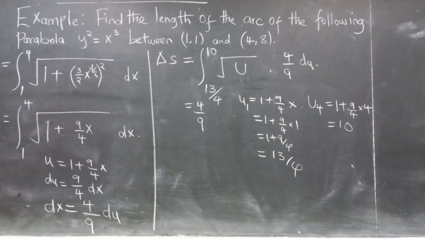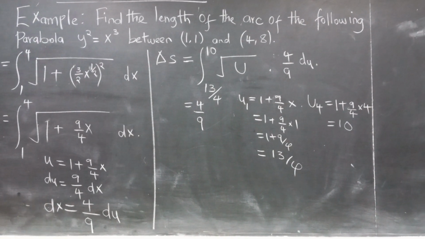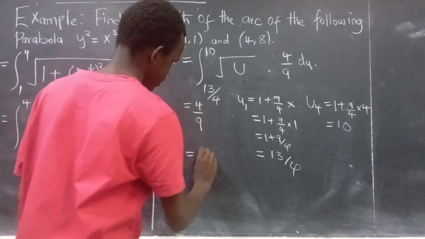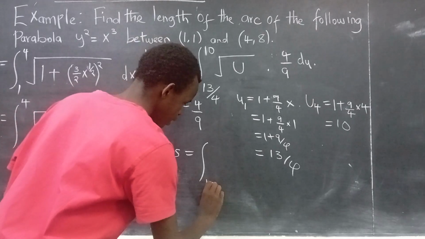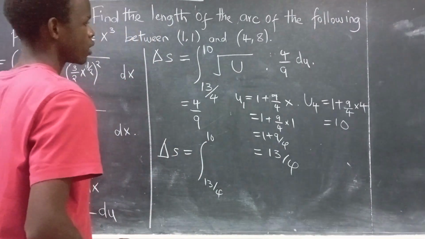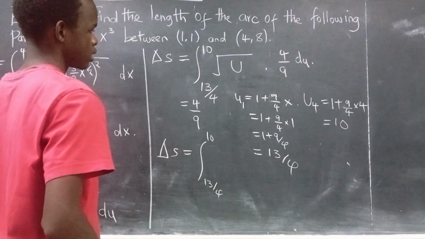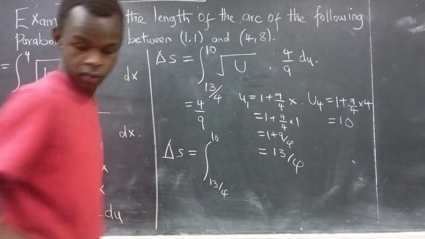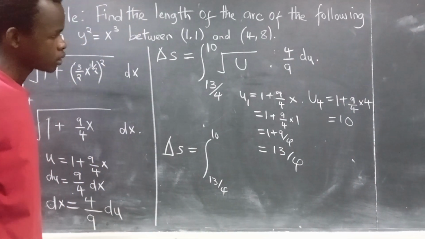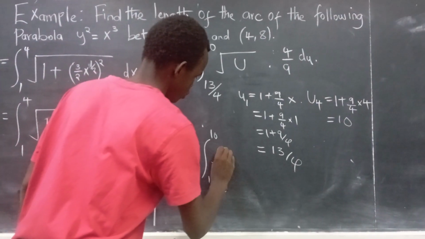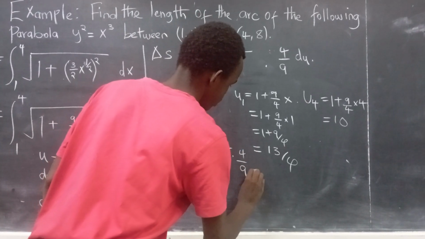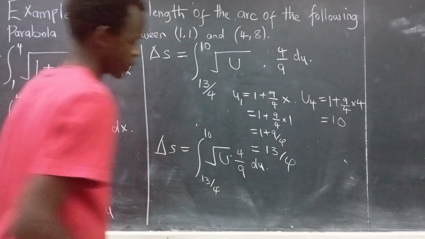So from there, I'll write my ds as the integral from 13 over 4 to 10 of the square root of u multiplied by 4 over 9 du.